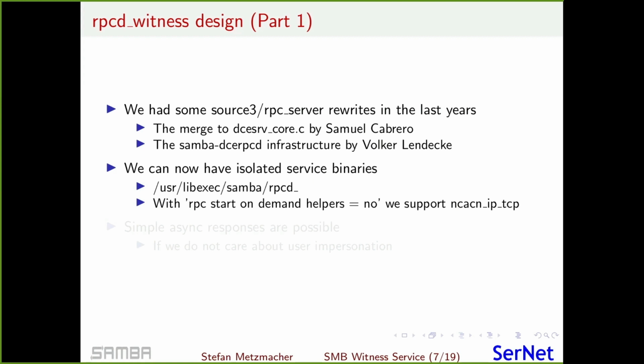And typically, these are auto-started on demand with the rpc start on demand helpers equals yes, which is the default. But with that, we only have the ncacn_np, the RPC over SMB named pipes support. But here we need also IP TCP support, and that means we need to start the samba-dcerpcd main daemon not on demand, but before all other services start.